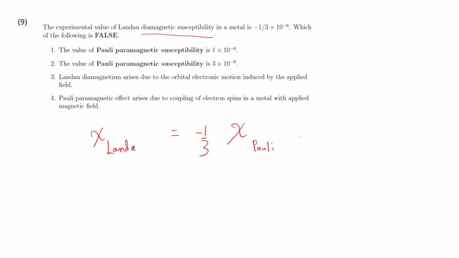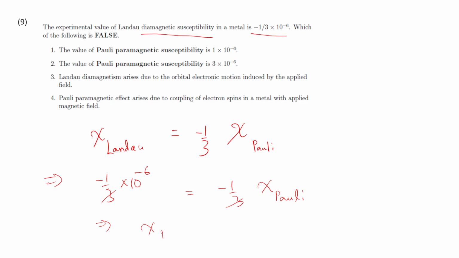So if you put the Landau diamagnetic susceptibility here, 1/3 into 10 to the power minus 6, it is minus 1/3 chi Pauli, and this 3 cancels this 3, minus cancels minus.